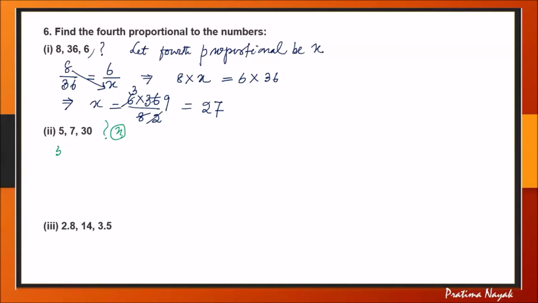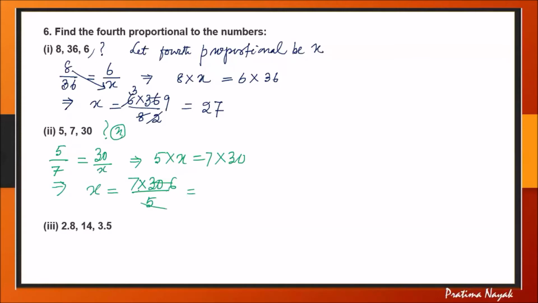So 5 ratio 7 is equal to 30 ratio x, or 5 times x is equal to 7 times 30, or x is equal to 7 multiplies 30 upon 5. 5 6 times is 30, so this gives you 42. So the fourth proportional is 42.